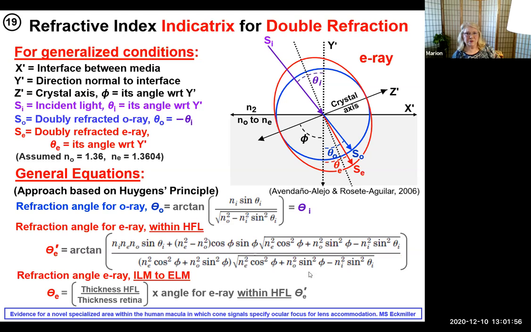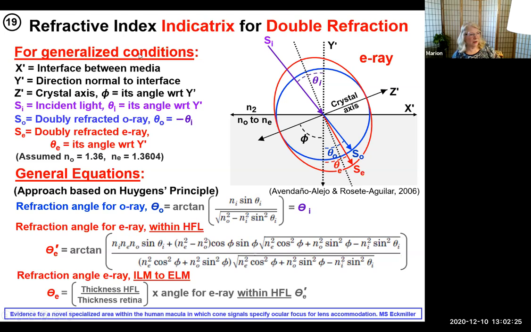So I was able to consult with Martha Rosetta Aguilar in Mexico, who was very helpful and explained to me how you can calculate by double refraction, not using the complicated Maxwell's equations, but using what I find simpler, Huygens' principle, which is based on the wave part of light.